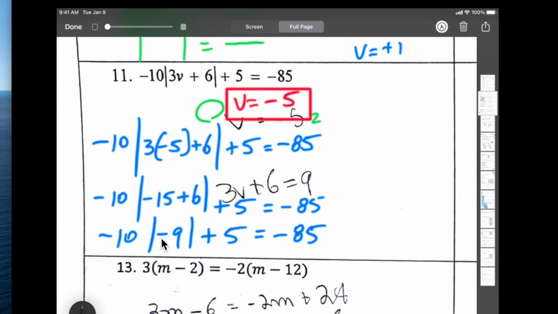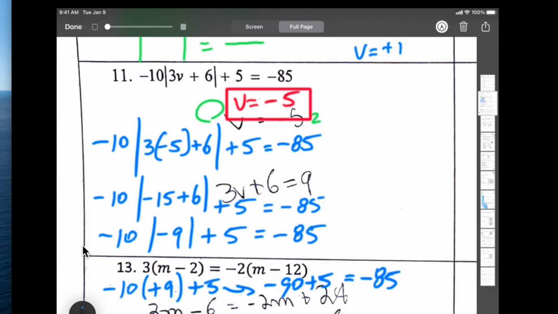The absolute value of negative 9 is positive 9. We're going to have negative 10 times positive 9 plus 5. That's going to equal negative 90 plus 5 equals negative 85, equals negative 85. That means this is also a valid solution. So we have two solutions, v equals positive 1 and v equals negative 5, for number 11.